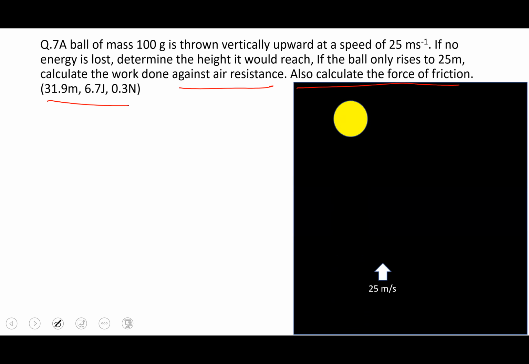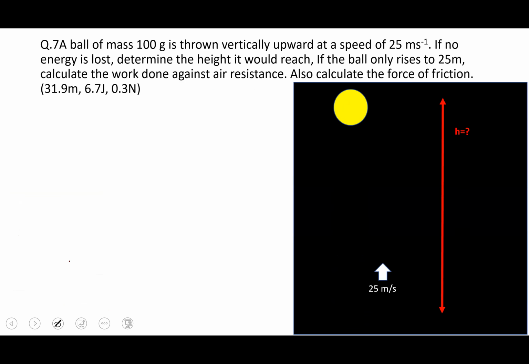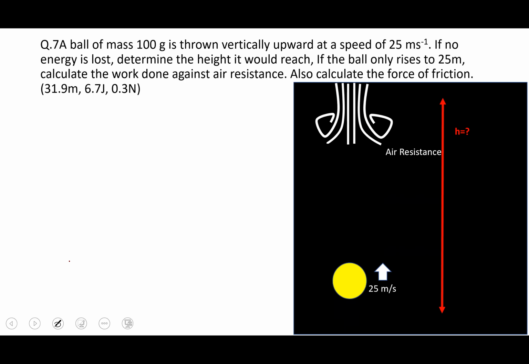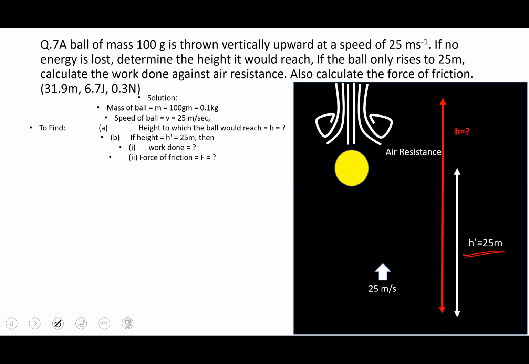So here it goes up. Let me clear that out. It reaches some height we don't know. But as soon as air resistance is there, it reaches a height of 25 meters. That's why we are representing it as h dash now. In this case, the data given to us is that the mass of the ball is 100 grams, or 0.1 kilogram.